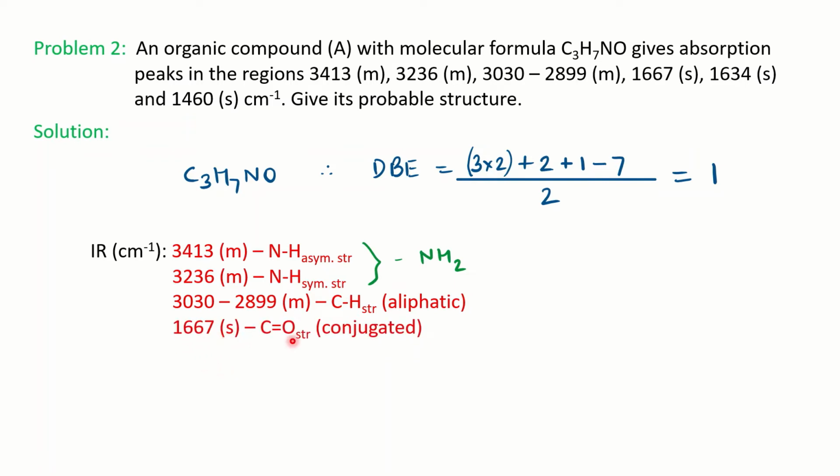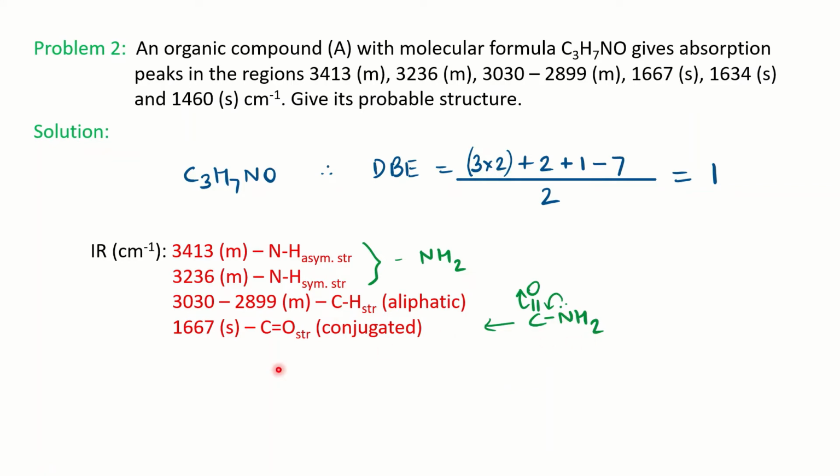1667, we know it is the carbonyl stretching, and because of the conjugation it is decreased. Normally the carbonyl stretching is around 1715, but it is decreased to 1667. That suggests the presence of a conjugated carbonyl group. So we can assume that you have a CONH2 group.